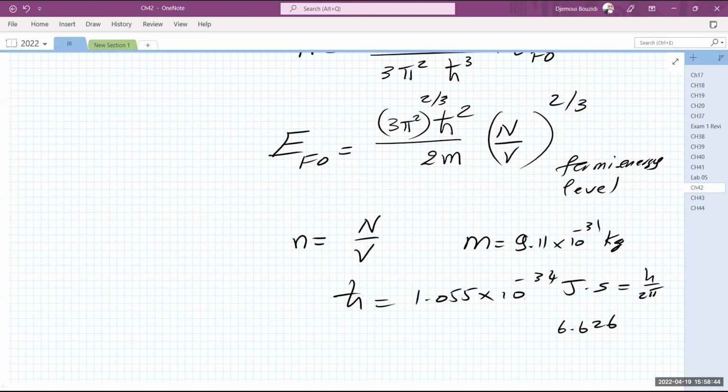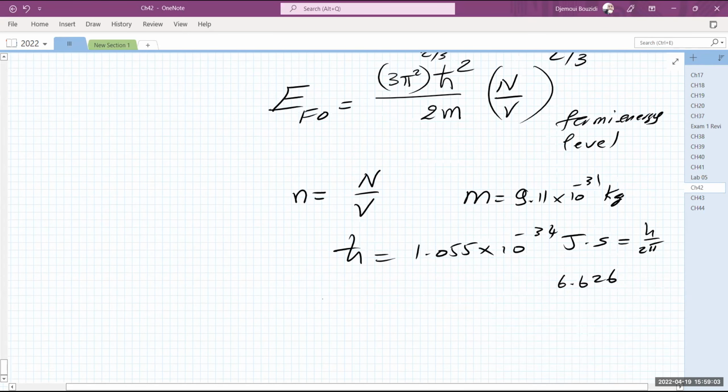So let's put some numbers in here for a conductor. I think there is an example in your pretest, for some material, I think iron or some other metal.